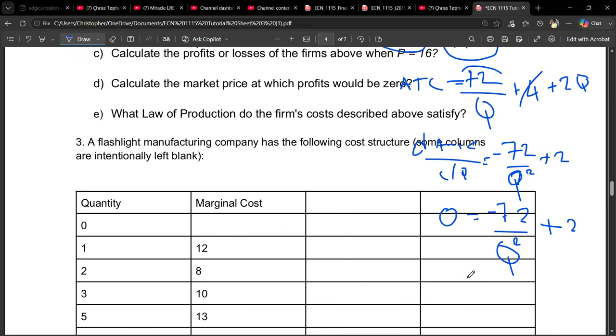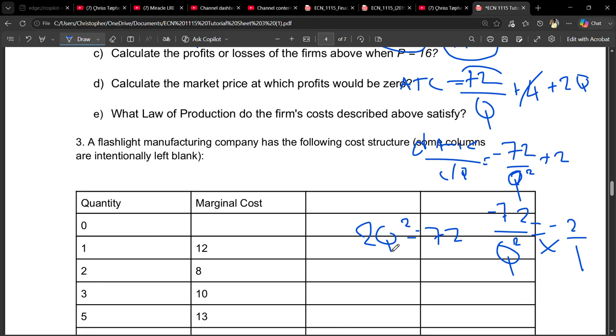This 2 will come to the other side, it will be negative. Okay, then we cross multiply, and it is going to give us 2q squared is equal to 72.